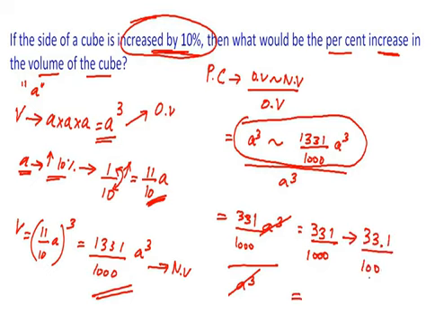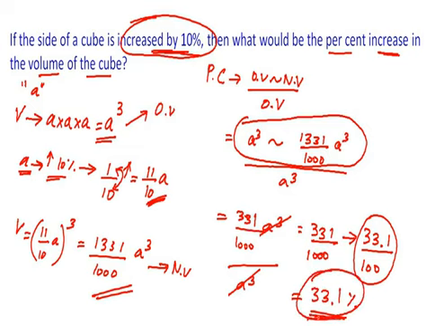And what is 33.1 divided by 100? Can we rewrite the same as 33.1%? That's it. So we can clearly see that it's a positive value, and definitely we can say that the volume is increasing. And by how much percentage the volume is increasing? By a factor of 33.1%.